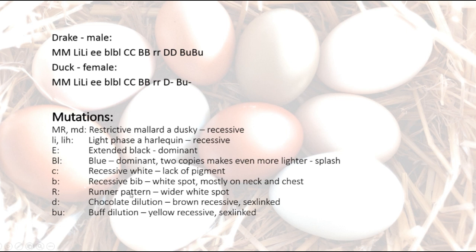The runner pattern, it's mostly known for the breed of Ancona, and it's wider white spots. In both cases the spots are only white, so they cannot be changed to some other colors, only the colored plumage on birds can be replaced. Another two are chocolate dilution and buff dilution.